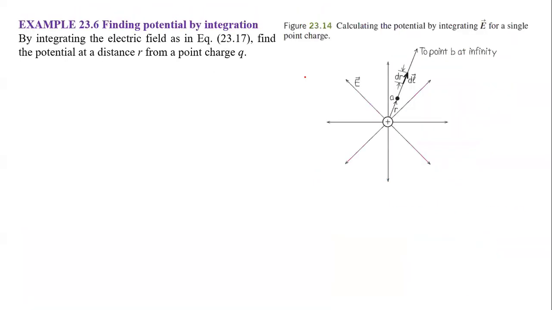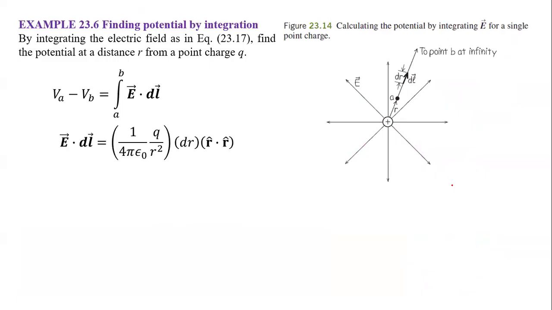So this is an example of finding a potential by integration. By integrating the electric field in equation 23.27, find the potential at a distance r from the point charge q. Take note that the potential difference from point A to point B is equal to the integral from A to B of E dot dl.